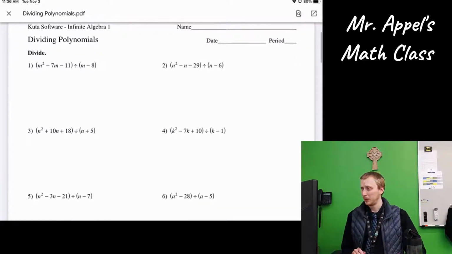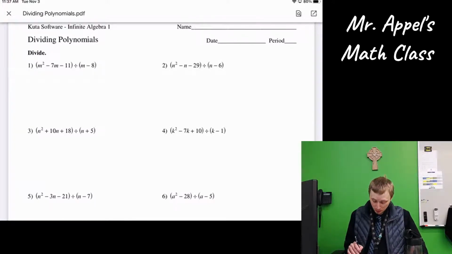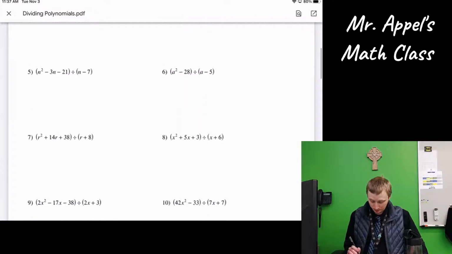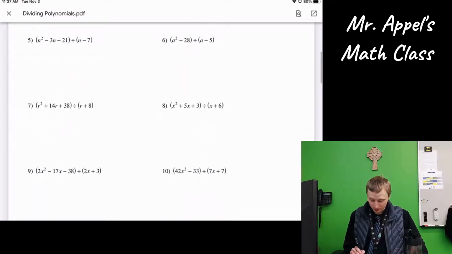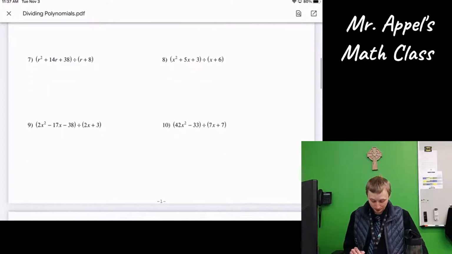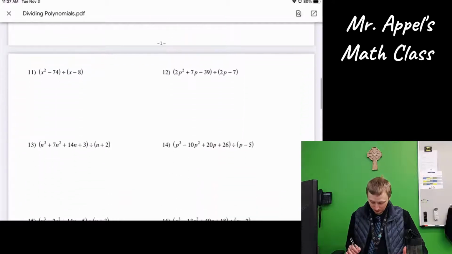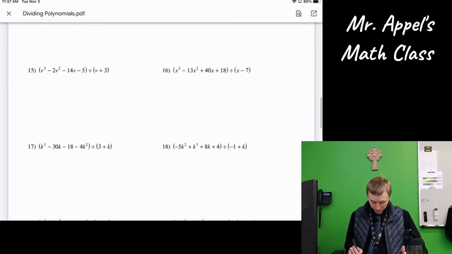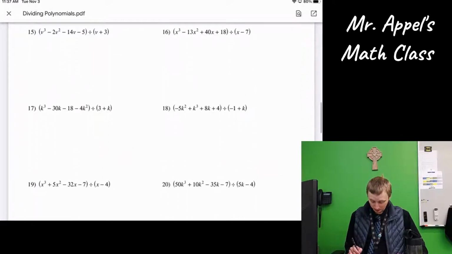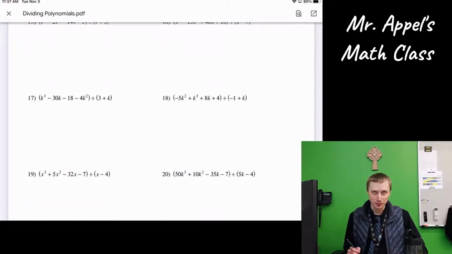Okay. So you do not have to use synthetic division on here. I would recommend it. Most of these are linear terms, coefficients of 1. Sometimes you get to 9 and 10, 12, and 20 that you'll run into trouble with.